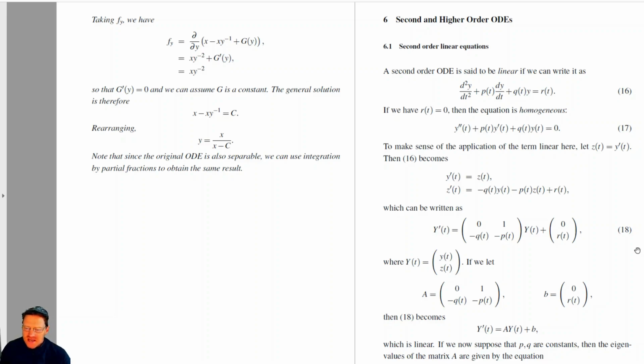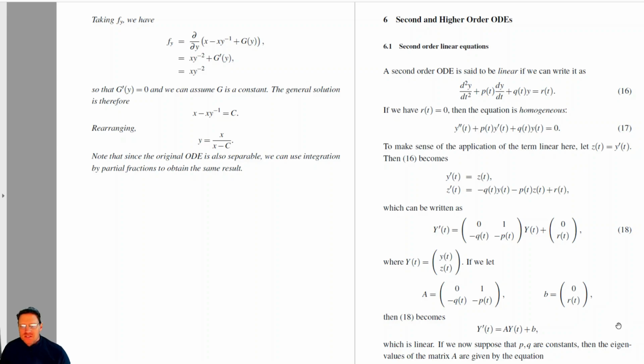And you could even set out, let uppercase A be this square matrix here on the left of Y of t, and b equal to (0, r of t). And then we have equation 18, which is really equation 16, becomes uppercase Y dash of t is equal to A times Y of t plus b.